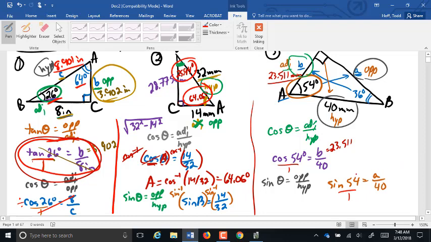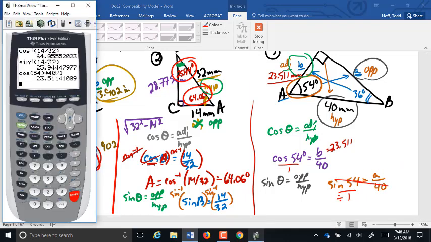Make it a proportion so I can cross multiply and divide. Sine of 54. Again, most of you will have to close your parentheses. Times 40 divided by 1 is 32.361.